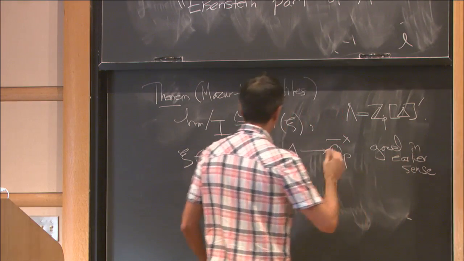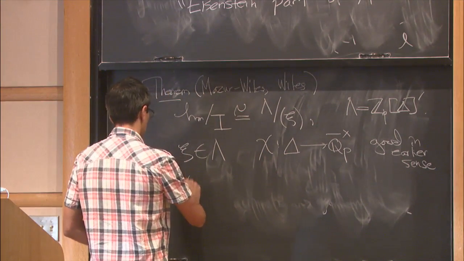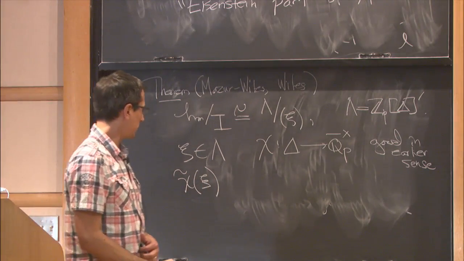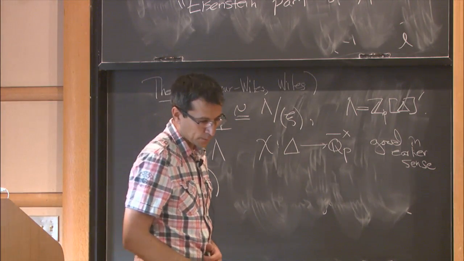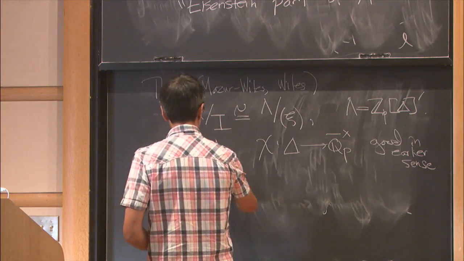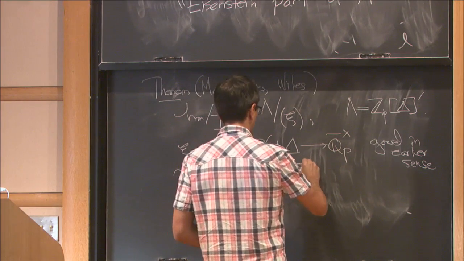Then I get a map chi tilde from Z_p[Delta] to Q_p-bar, and I can apply it to this element xi. And this thing should be L_p(omega squared chi inverse) minus 1.